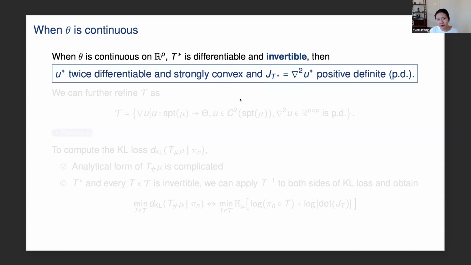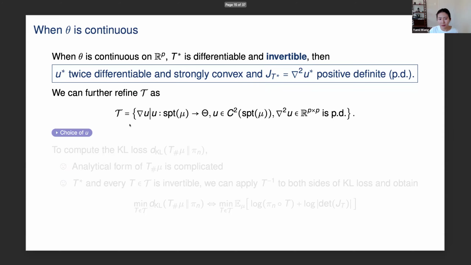In this case, you can further refine your pre-specified class T to be the gradient of all functions that have a positive definite Jacobian matrix. In our paper, we specify our own choice of such U, and we find it works well enough.